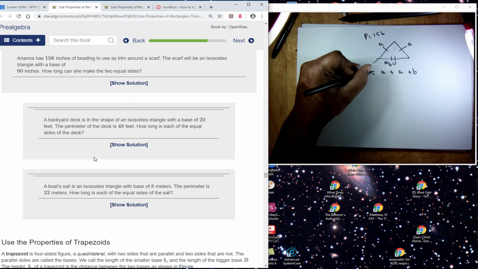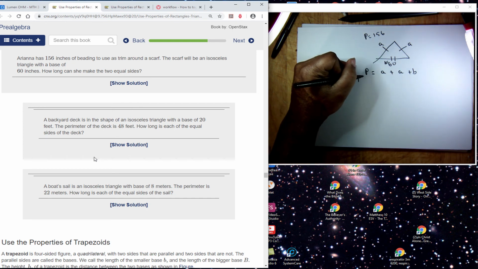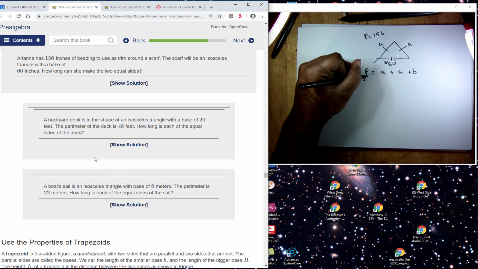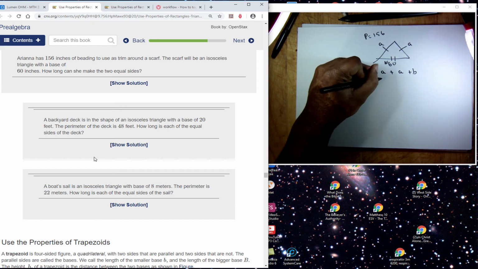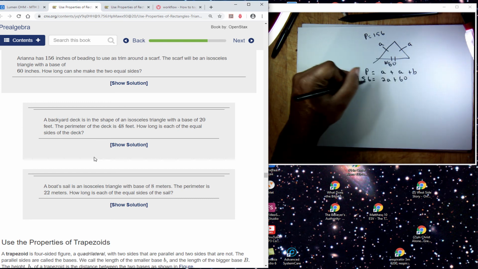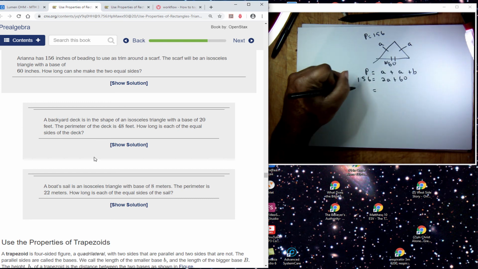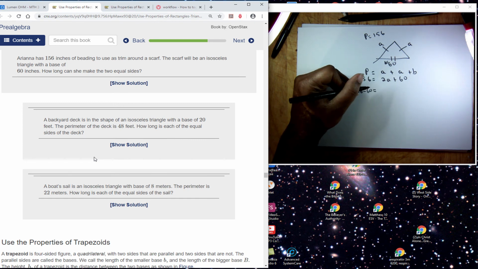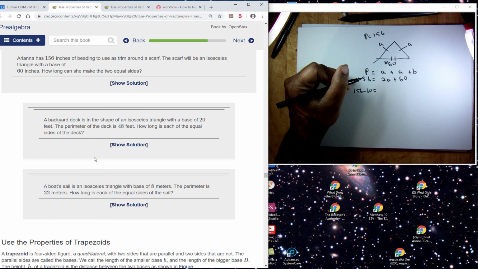I have 2A plus B, which is 60. So I'm going to subtract 60 from both sides.